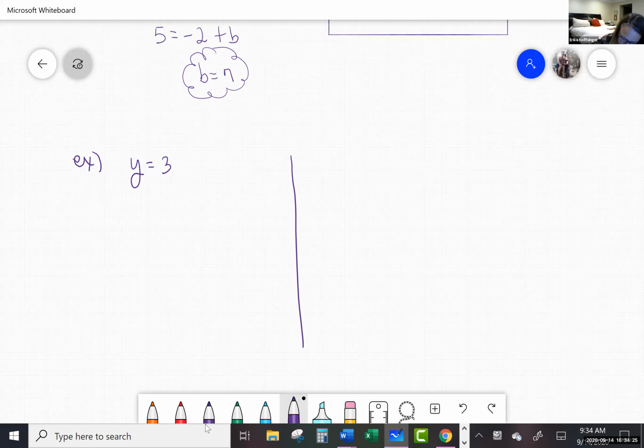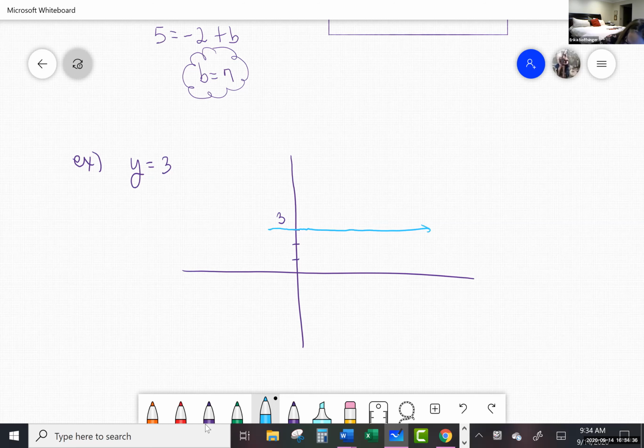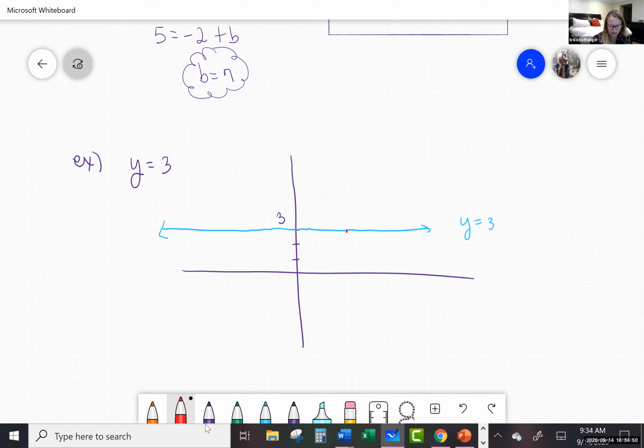So graphically what this looks like is a horizontal line. So it really doesn't matter what point you choose on this horizontal line. If you were trying to find the slope of this at any point, the slope is always going to be 0.